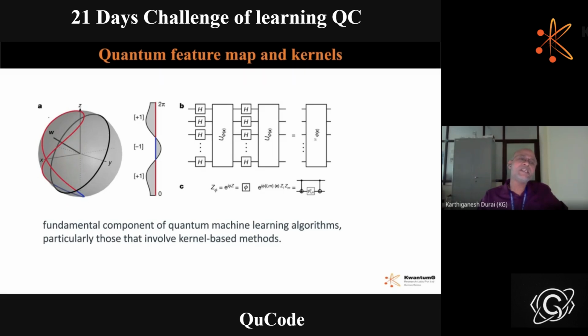I can't say it is a hyperplane, but a non-linear separation is possible. So this is the concept, and it is extended to all quantum machine learning approaches. Of course, there will be little mathematical changes in those models, but fundamentally this is the concept.